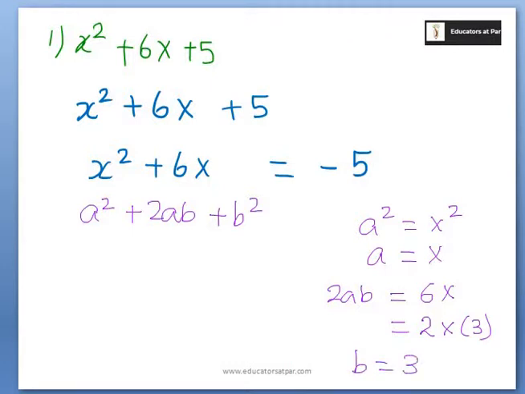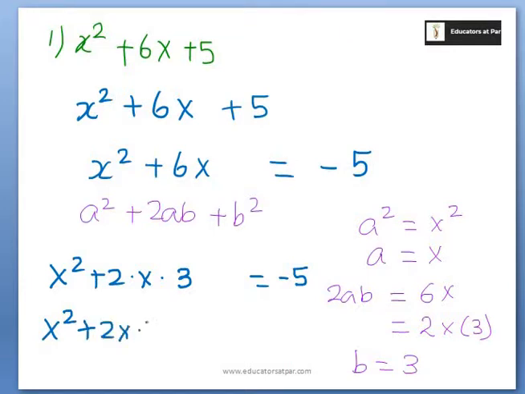Now we rewrite it as x² + 2 × x × 3 = −5. We are going to add b² on both sides. b is 3, so 3². Whatever we add on one side, it gets added on the other side.